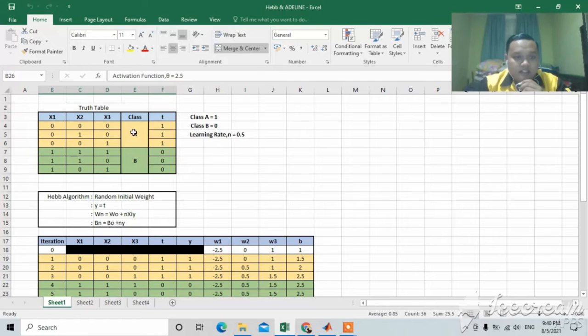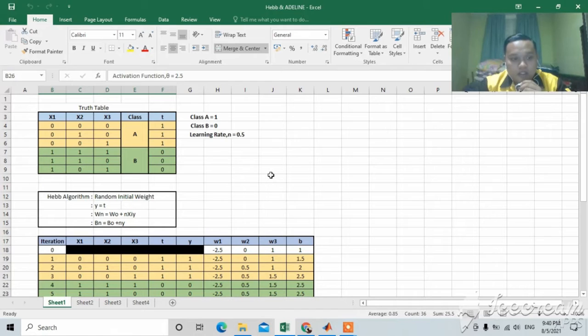For class A, we classify as t equals 1, and for class B, we classify by 0. The learning rate that we use is 0.5.